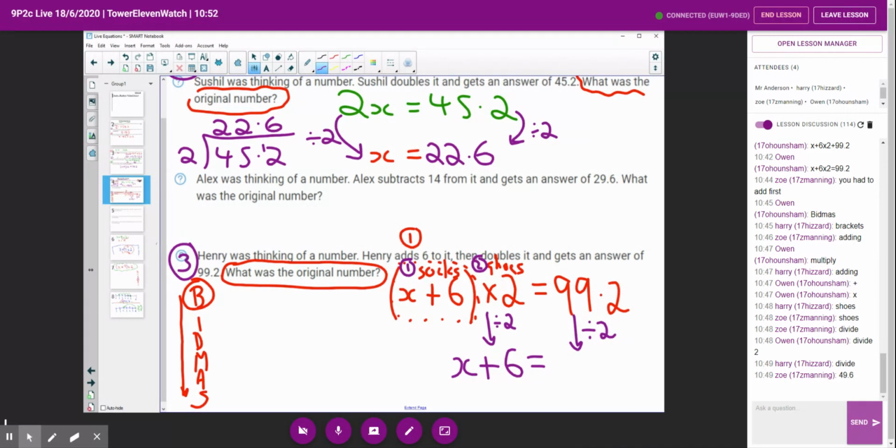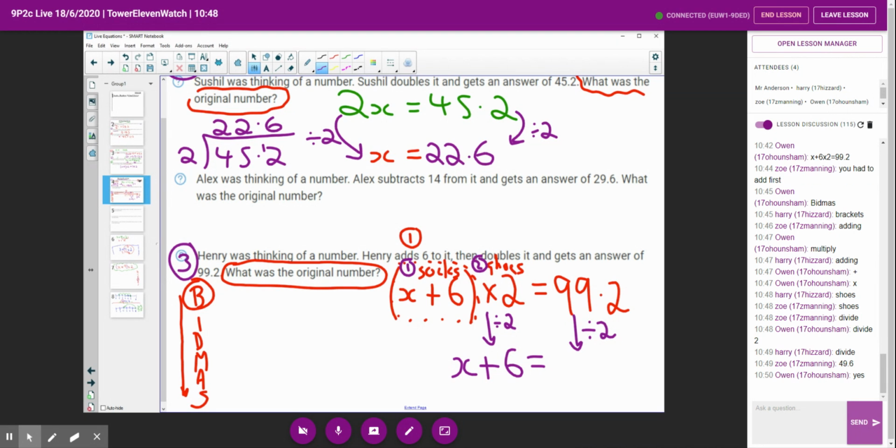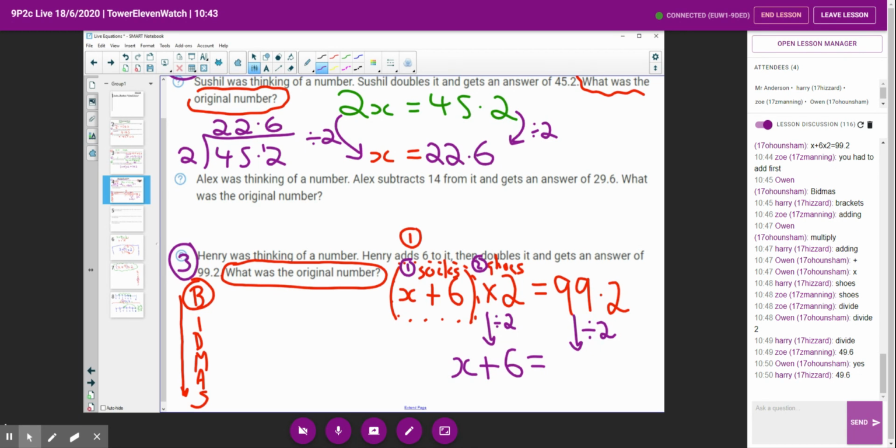Owen, Harry, do you guys agree? Is that the right answer? Well done, Owen. Okay, great. Well done. So that's 49.6. So that's x plus 6.